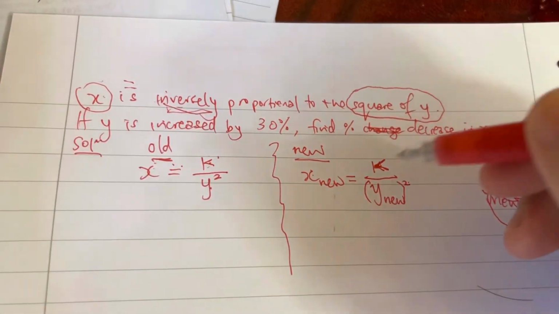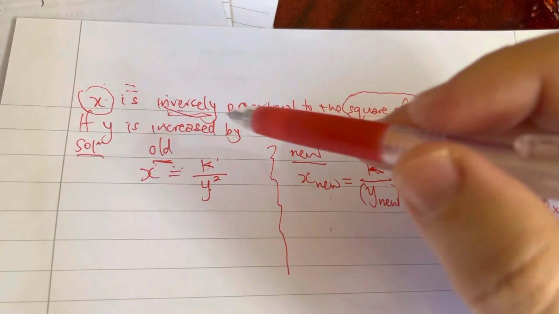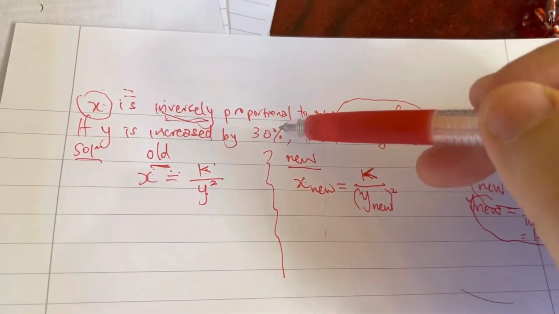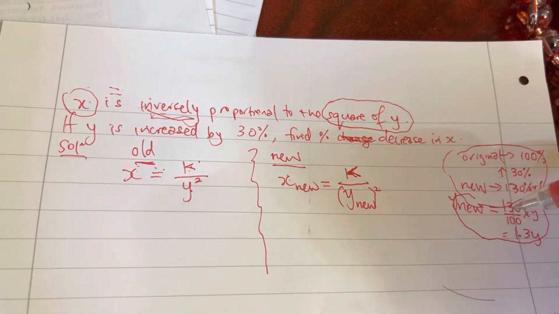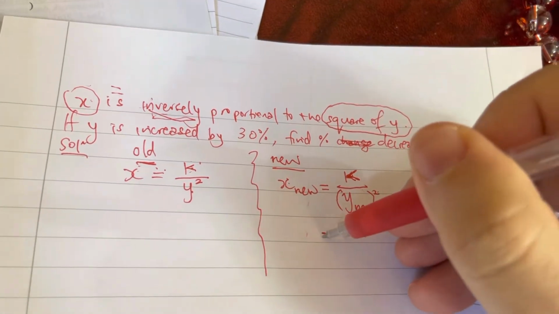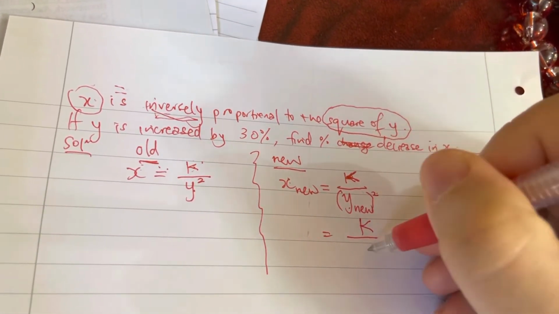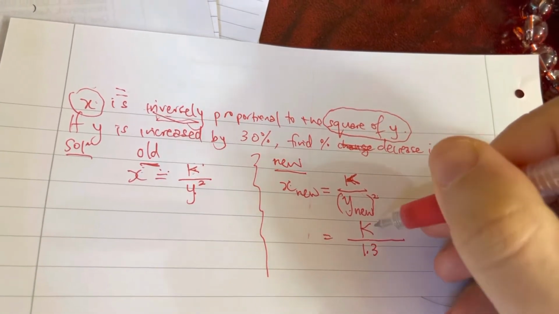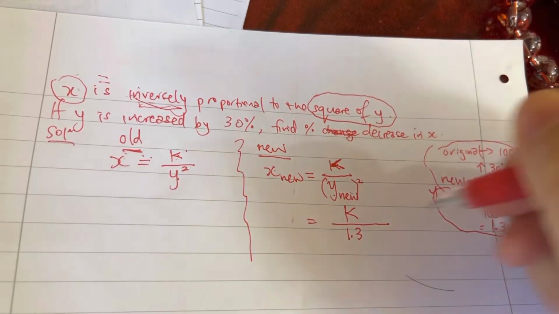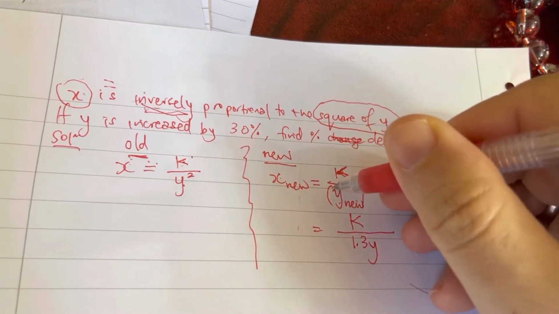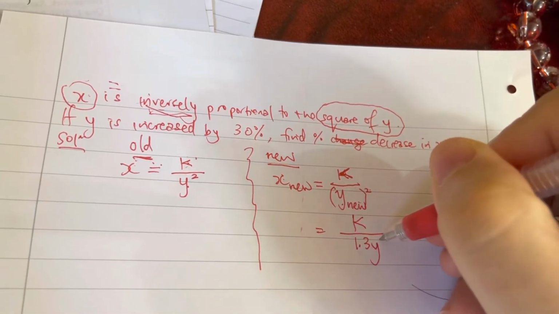We are trying to find out when y is increased by 30%, which is this case. That means now your new y must be 1.3 of the old one, right? Of the old one. And why did I ask you to put brackets?